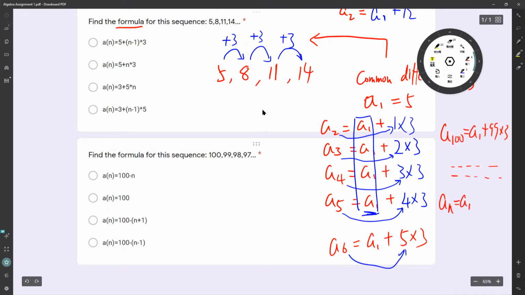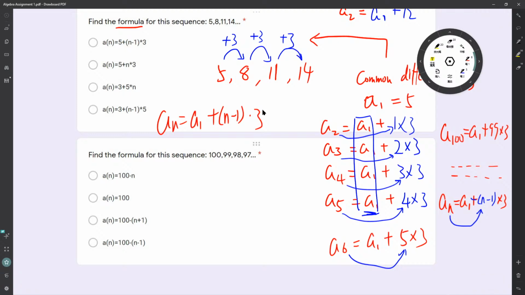But this part is going to be 1 less than N, it's N subtract 1, and then times 3. So we find out the formula. Let me write it down here. AN equals A1 plus 1 less than N times 3. That's a formula.